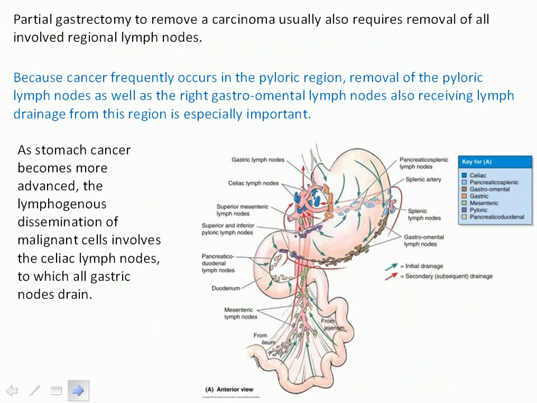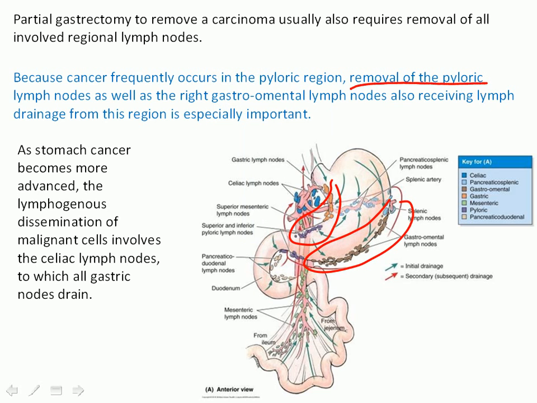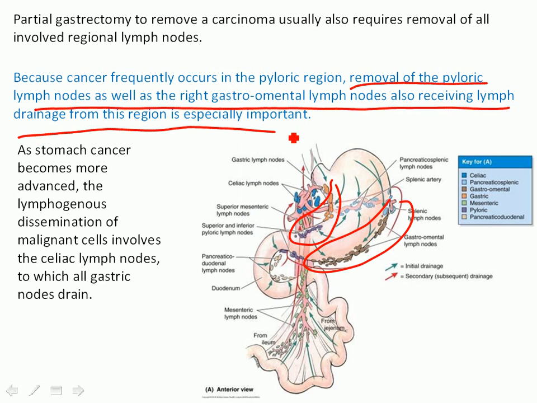Next, I already mentioned that partial gastrectomy may be associated with removal of regional lymph nodes because of the presence of carcinoma, and because cancer frequently occurs in the pyloric region, removal of pyloric lymph nodes as well as right gastroepiploic lymph nodes, also receiving lymph drainage from this region, is especially important.